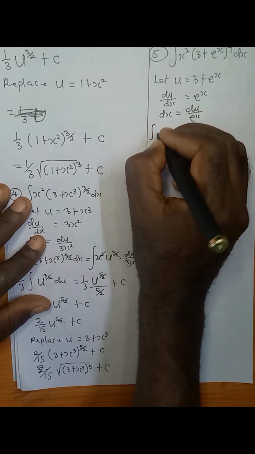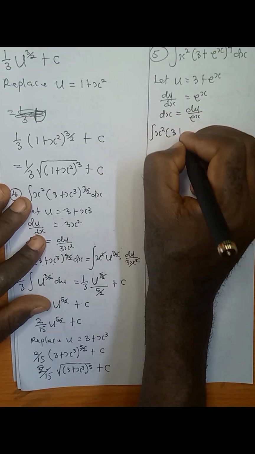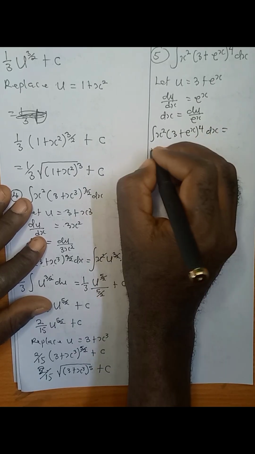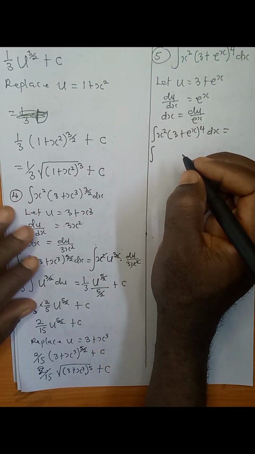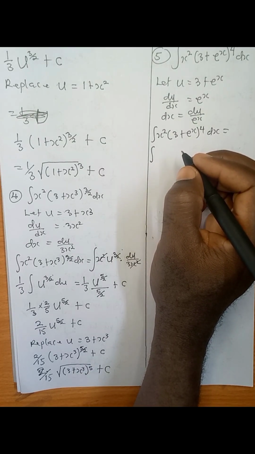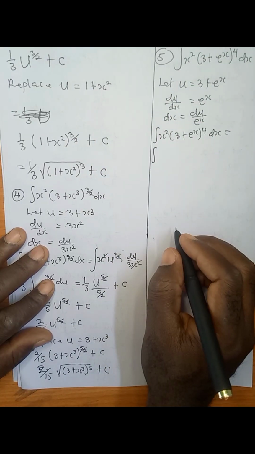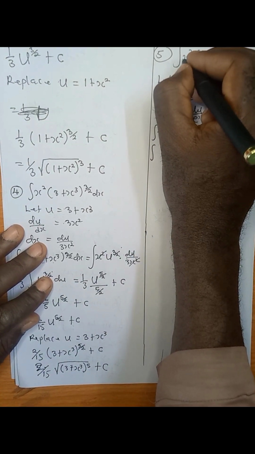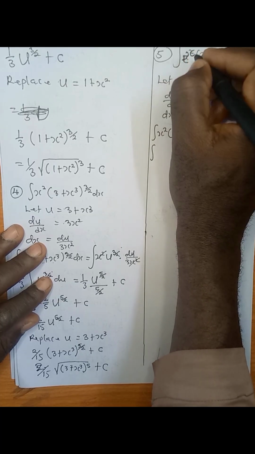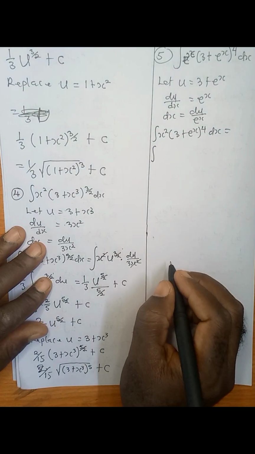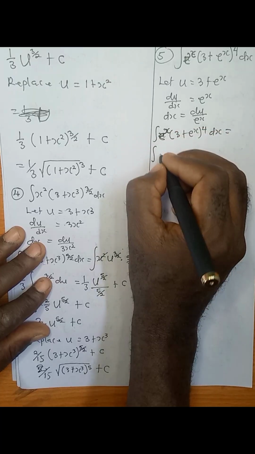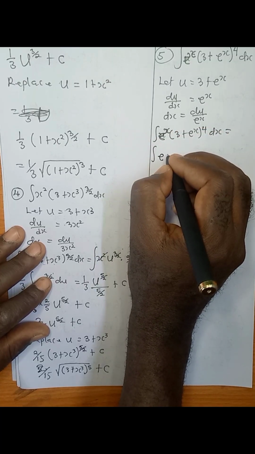Then this integral of exponential x into 3 plus exponential x raised to power 4 dx will become the integral of exponential raised to power x.